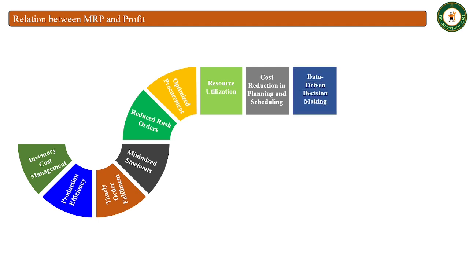Ninth, data-driven decision making. MRP provides insight into material requirements, production schedules, and resource utilization. Informed decision making based on accurate data can lead to better choices regarding product mix, pricing, and resource allocation, ultimately enhancing profitability.